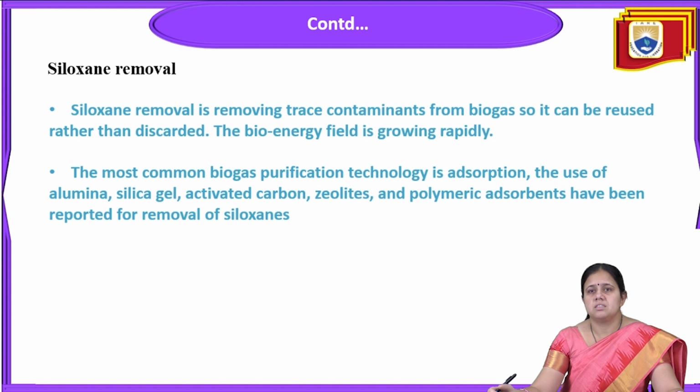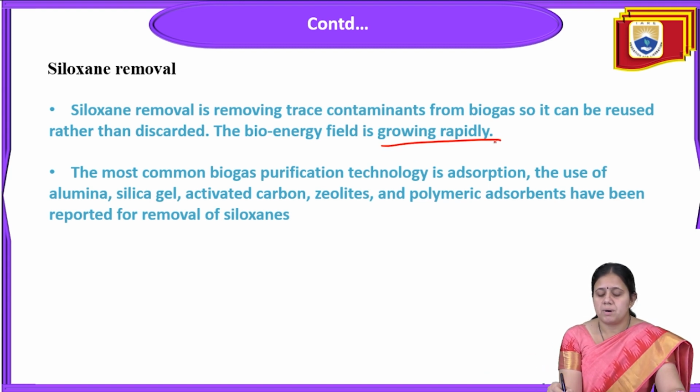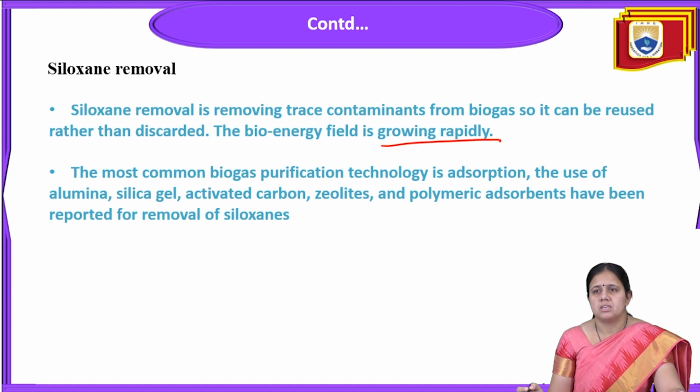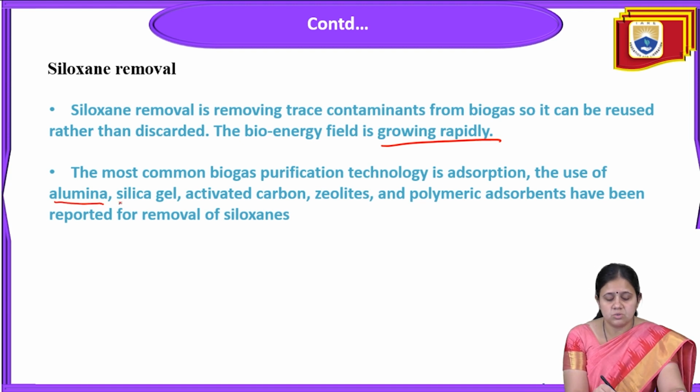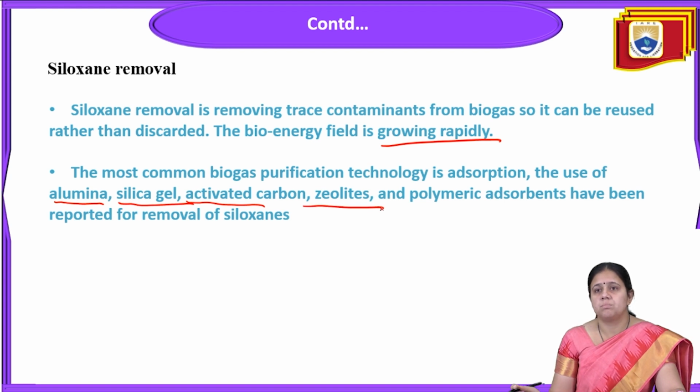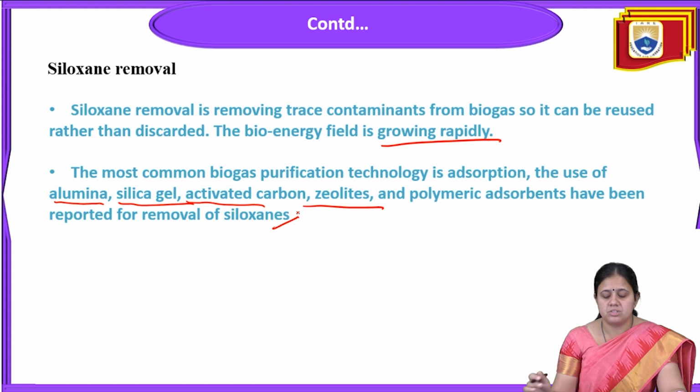rather than discarded, and because of that the bioenergy yield increases rapidly. The most common biogas purification technology is adsorption, using alumina, silica gel, activated carbon, zeolites, and polymeric adsorbents, which have been reported for the removal of siloxane.